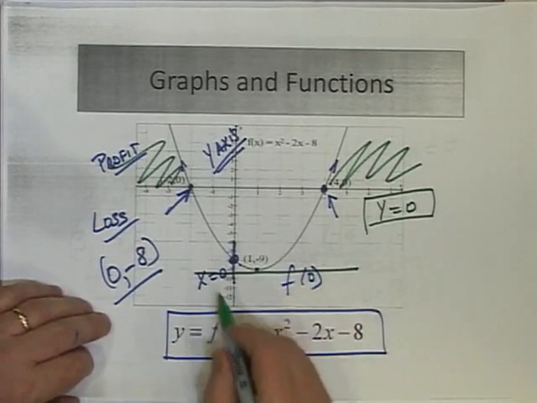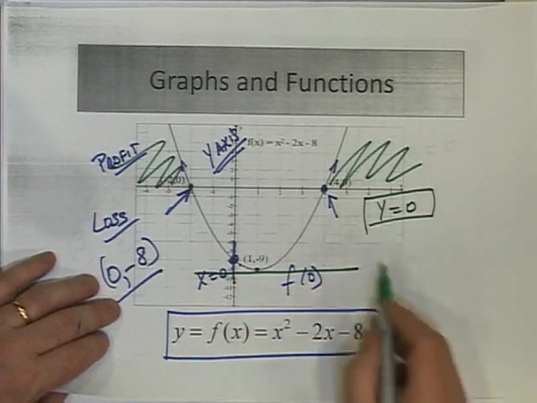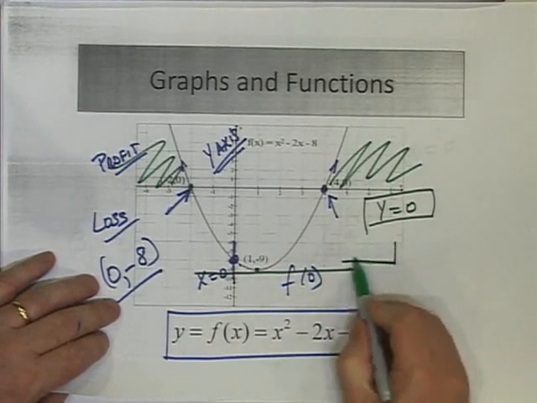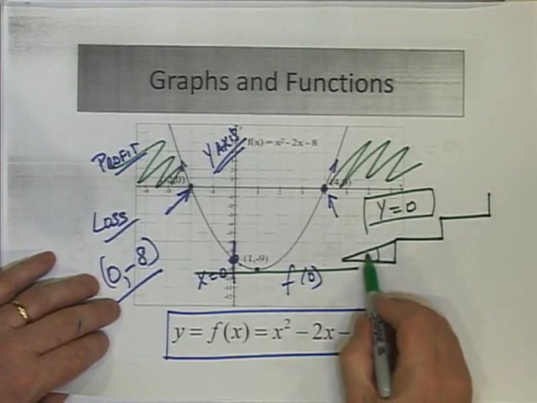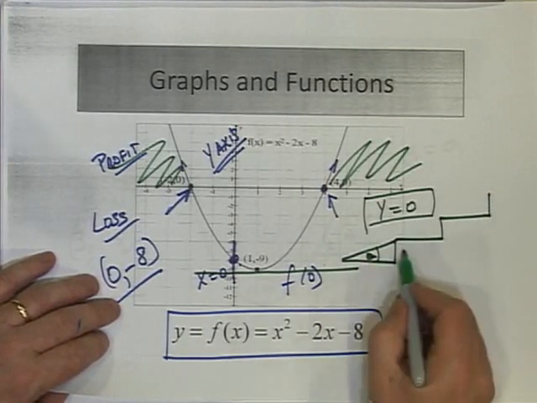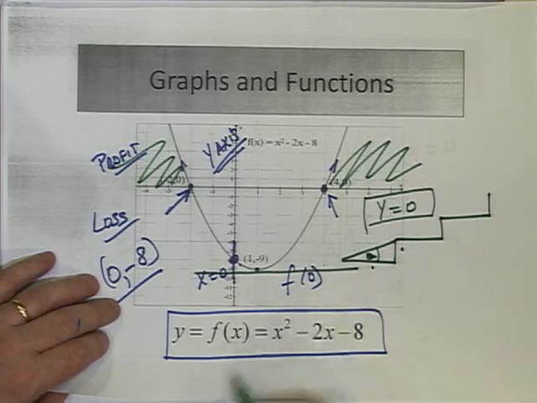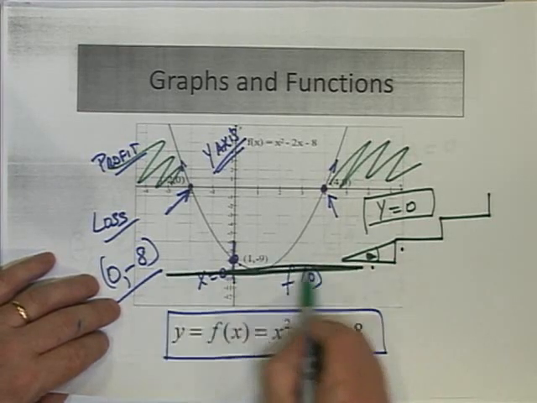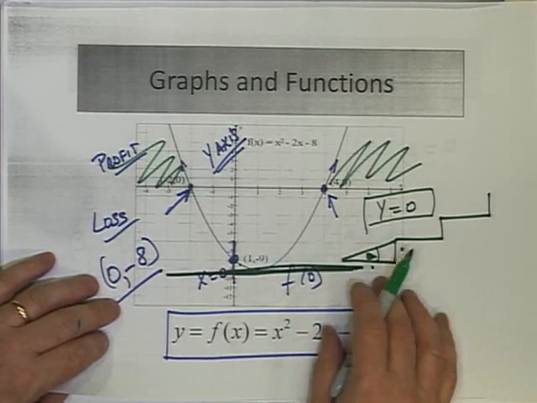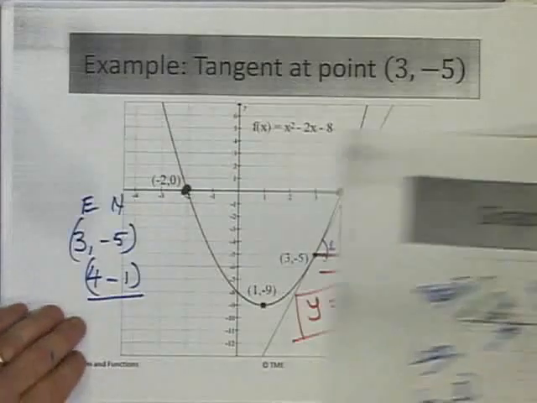If you have something going out here to the right, and you have to climb up a ladder or a series of steps, then you have an angle there, the opposite over the adjacent. But if there's no rise at all, and it's just flat, well, then the angle is 0.